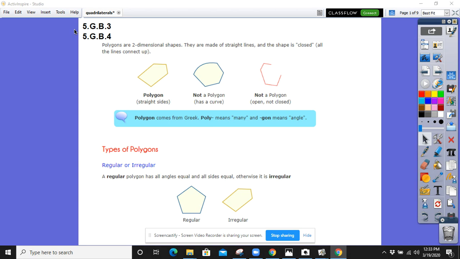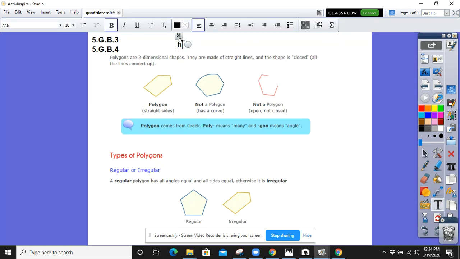So we're going to first talk about polygons. You're going to hear this word that I'm going to type in, called hierarchy. The word hierarchy is basically like there's a hierarchy in families.